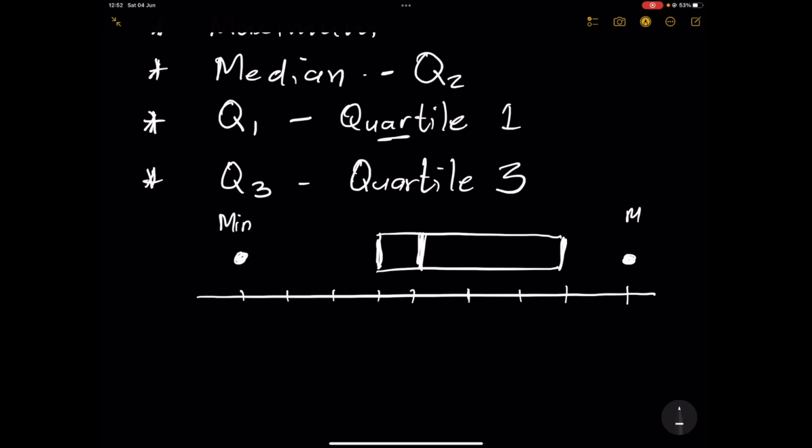We said that's our maximum value. And this is our lower quartile, that would be quartile 1. This would be quartile 3. Sorry about that, I said quartile 2. So that's quartile 3. Let's just say our median is over there. What we simply do is draw our whiskers and draw a conclusion about that.